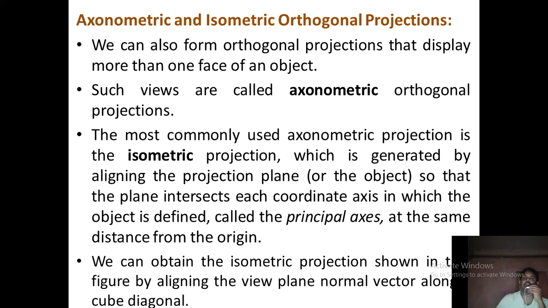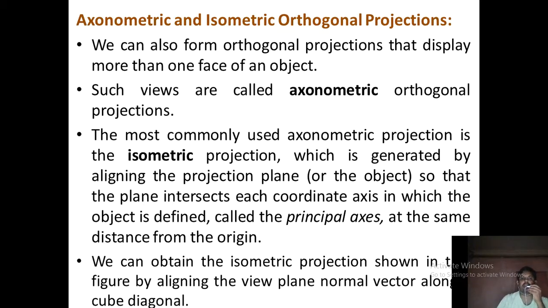With orthogonal projection, as I told, only one side at a time: from the top you see the top, from the front the front side, from the side the side, and from the back the rear face. But in some cases I want to see more faces using orthogonal projection. Such views are called axonometric orthogonal projections.